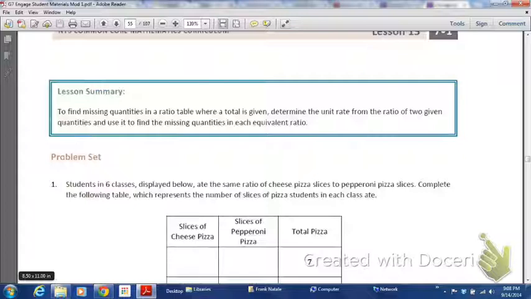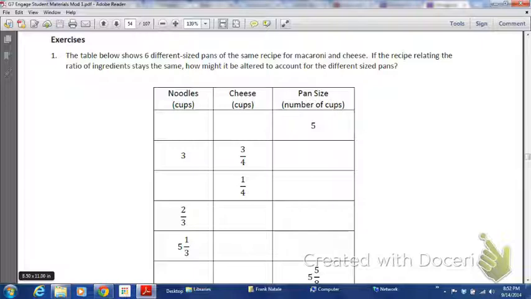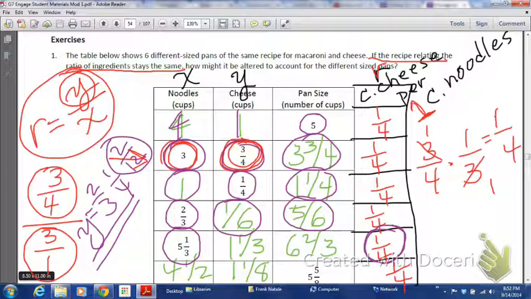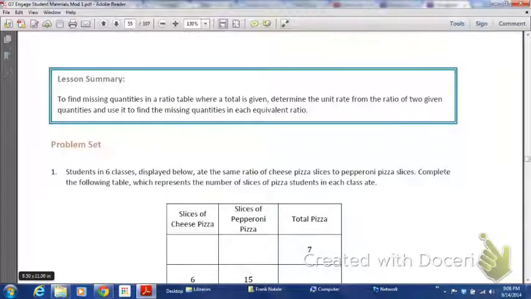So what we needed to do is find the ratio at some point, and we usually do have 2 quantities that we can use to find the ratio. And then from there we were able to fill in the rest of the table many times.